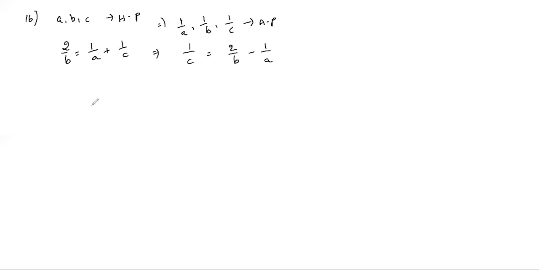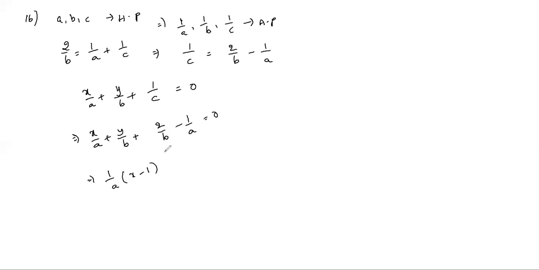X by A plus Y by B plus 1 by C equals 0. Substituting 1 by C: X by A plus Y by B plus 2 by B minus 1 by A. So 1 by A common, X minus 1; 1 by B common, Y plus 2.